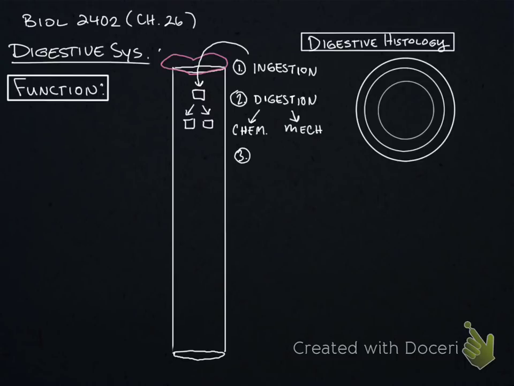The third function of the digestive system is motility. So that's moving the food and then the bolus down the digestive system through things like peristalsis. The fourth function of the digestive system would be secretion.